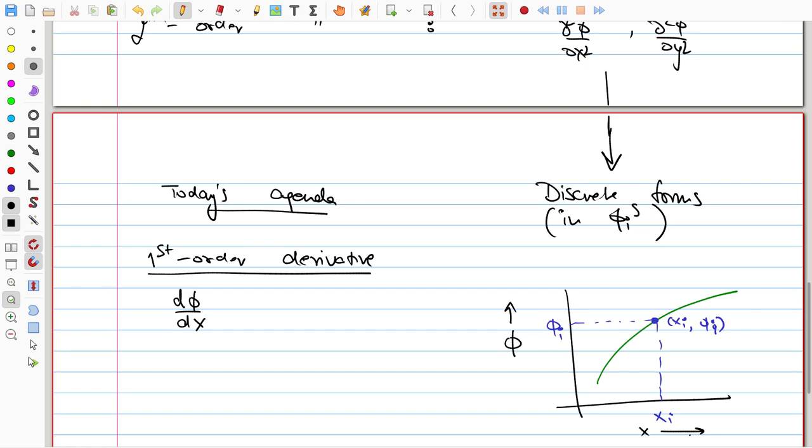Now the first thing is d phi by dx has to be defined at a certain x value, because slope will change with x. So let us say we are talking about this at some xi value. That simply denotes the value of the slope at this point, and this can be found out through this limit.